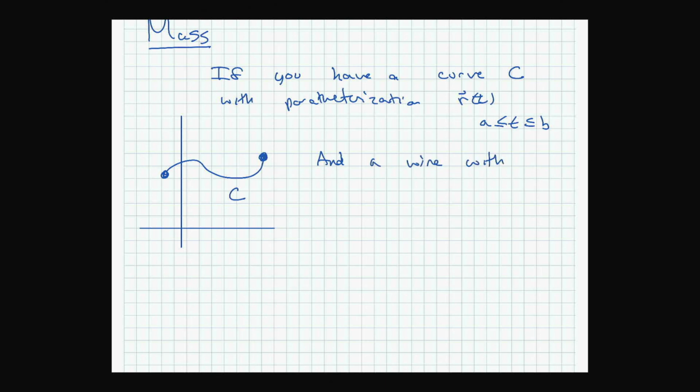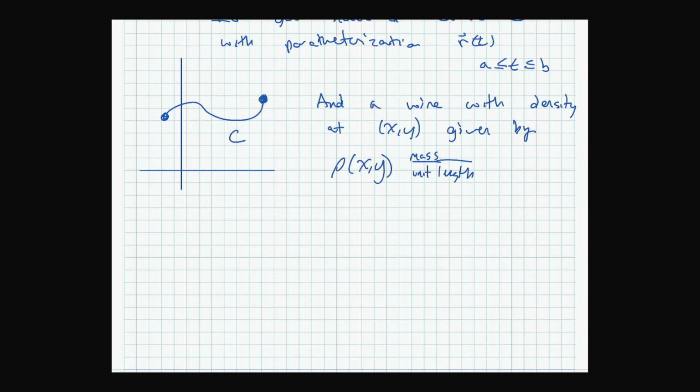And with the wire with density at xy given by, let's say, rho of xy, the units would be mass per unit length. That's along C.